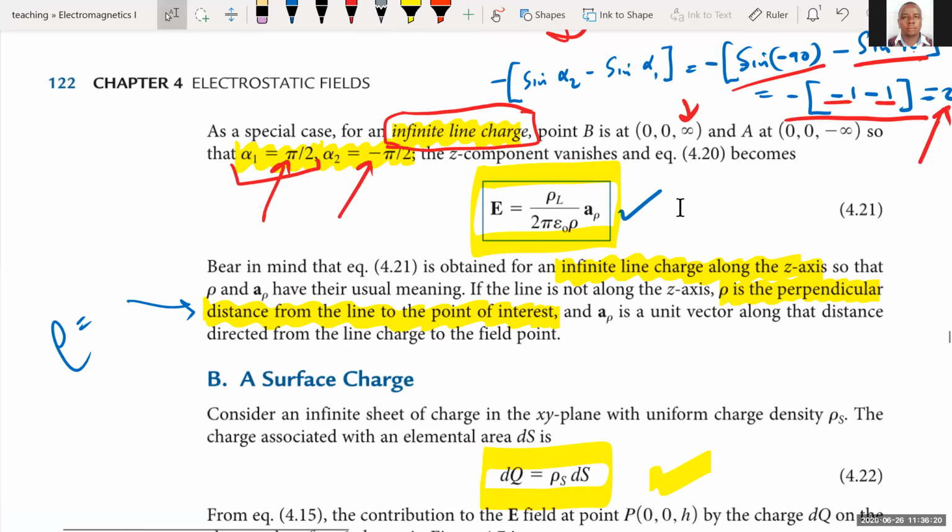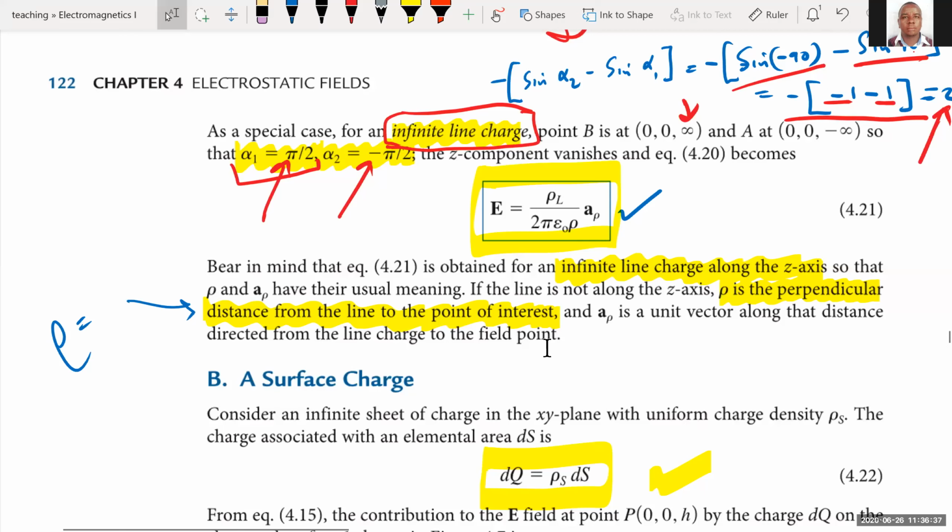Rho is that distance between the line and the point of interest, and a rho is the unit vector along that distance directed from the line charge to the field point.